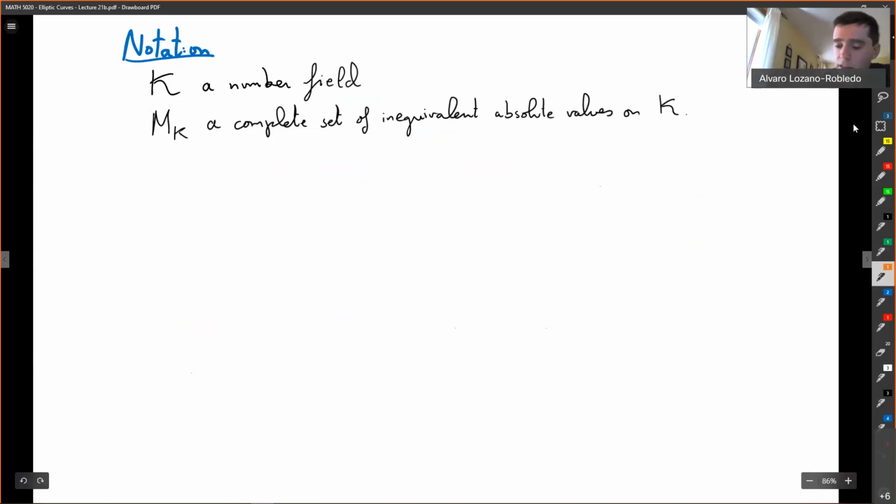So then there are two subsets of M_K. First, there is what we call M_K infinity, which are the infinite places.